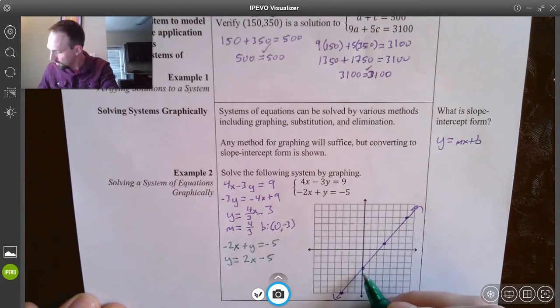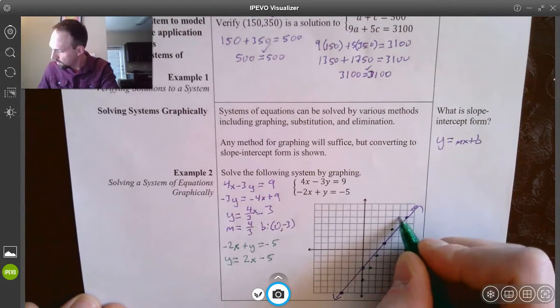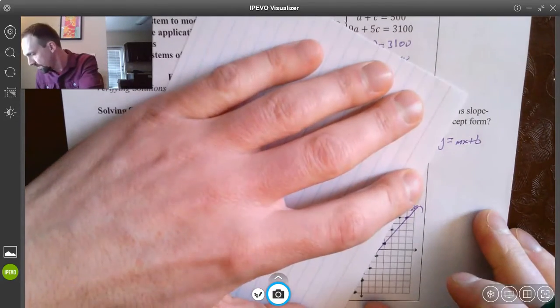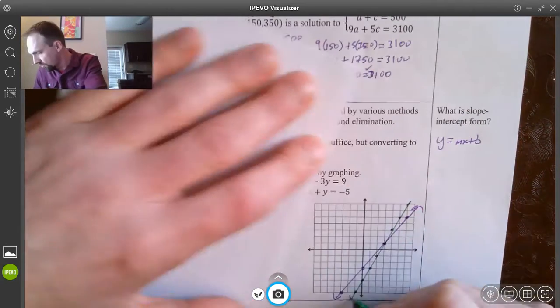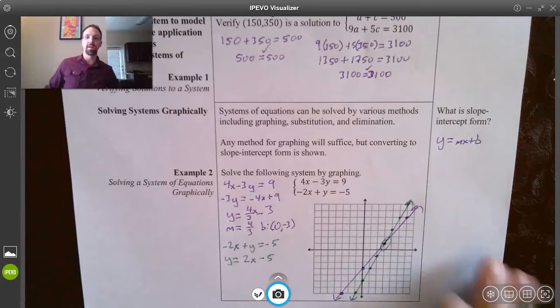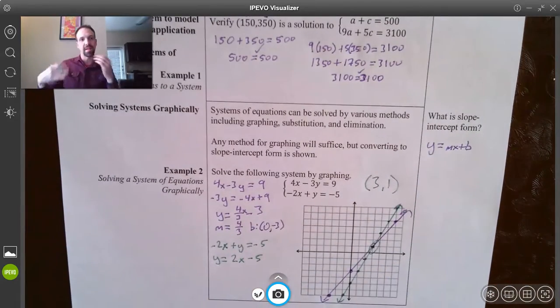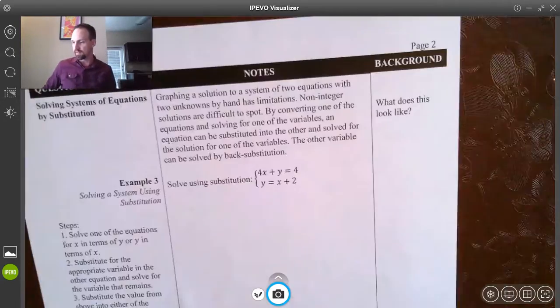So 1, 2, 3, 4, 5, and then up 2, right 1. There we go. Very similar slopes. If I connect these, that point of intersection is the solution. So that point there is what makes both equations true, which is 3, 1. So if I plugged in 3, 1 into either of these, then I would get that it would be true, and remember it has to be true for both. So that's the solution to that system.